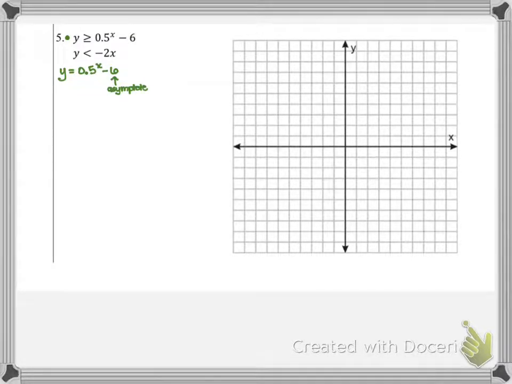And remember, the asymptote for these guys is always horizontal, so it's going to be y equals -6. Okay, so if we go over to the graph, I'm going to go down to -6. And I'm going to put a dashed line through, since that's going to be my horizontal asymptote.